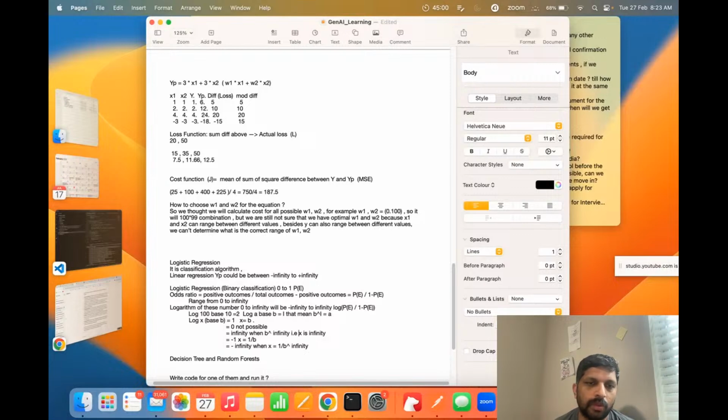So logarithm becomes 1 when... no, not x is equal to b.